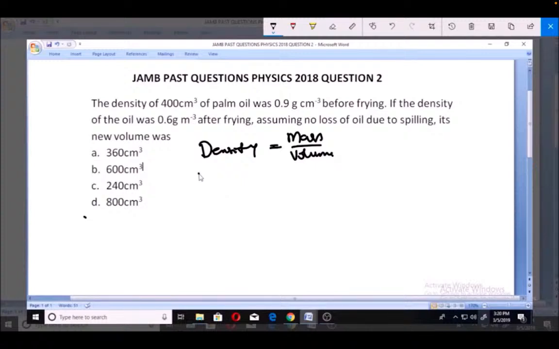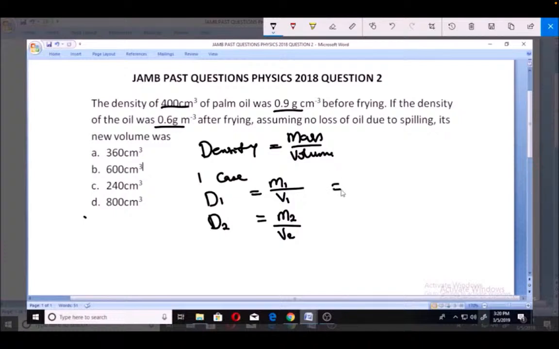So for the first case, we have D1, which is the density here, equal to M1, which is the mass, all over V1, which is the volume. For the second case, we have D2, which is this density here, equal to M2, which is also equal to M1, over V2, which is what you are calculating.